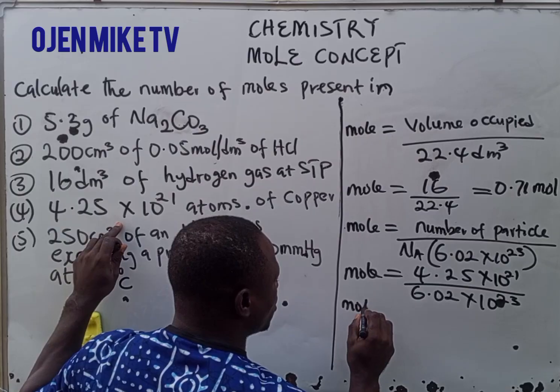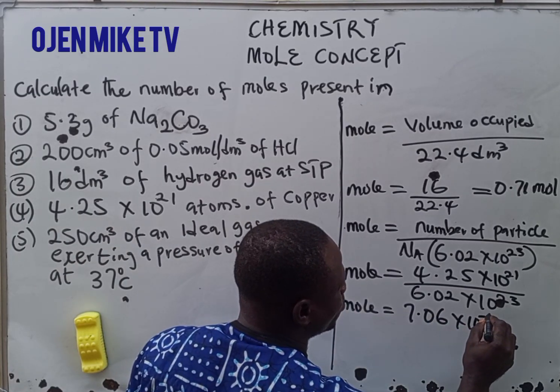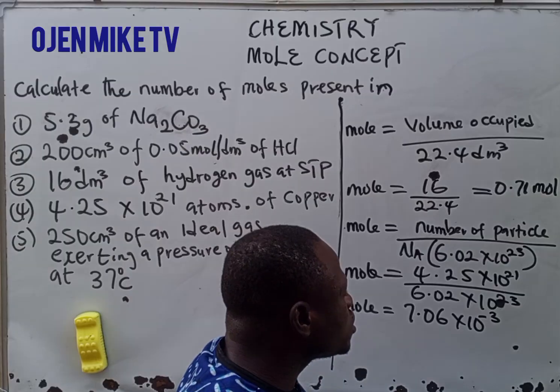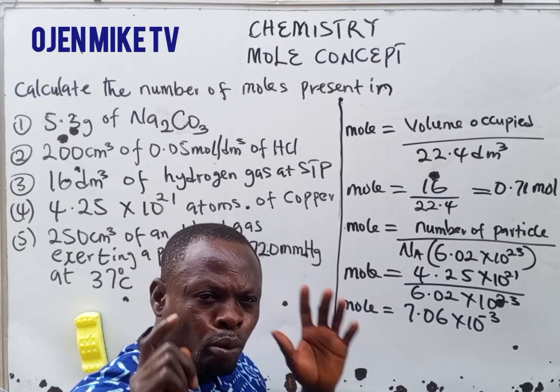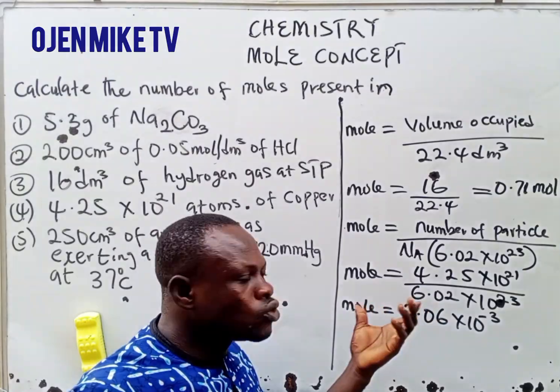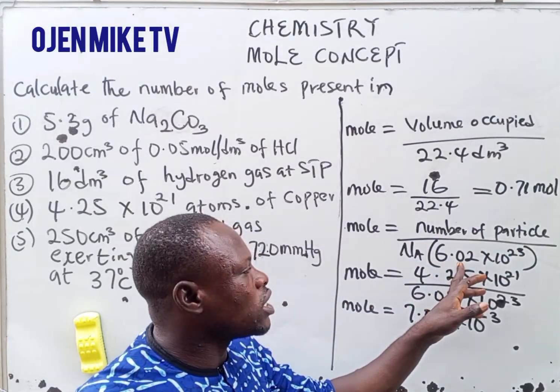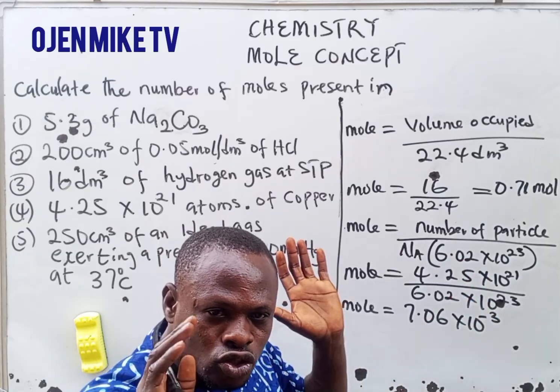So mole will be 0.6 times 10 raised to the power minus 3. So anytime you are asked to calculate the mole of particles, you take the number of particles divided by Avogadro's constant. Do you understand?